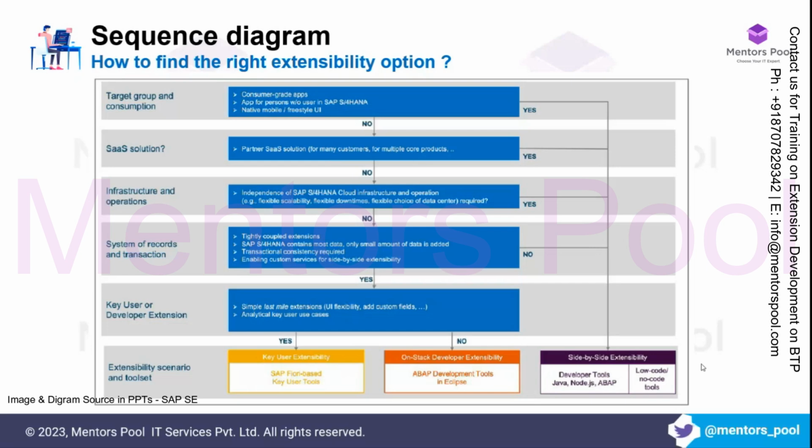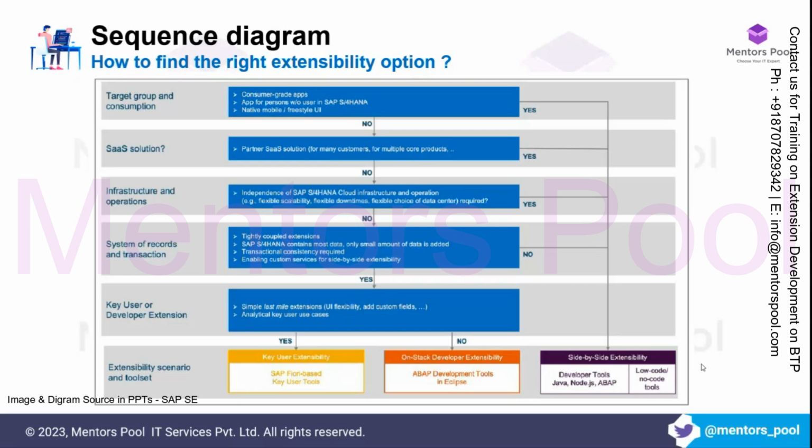So if it is very tightly coupled with your standard systems of records and standard transactions on S4, then we should rather go ahead with the key user extensibility or on-stack development extensibility, depending on who's the user. If a key user, then key user extensibility. If a developer, then we should go ahead with the ABAP extensibility or the extensibility options available in ADT on Eclipse.